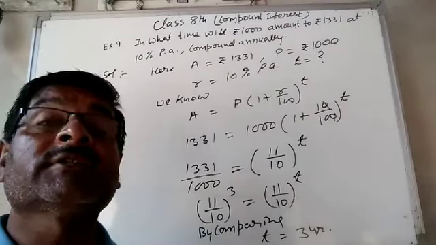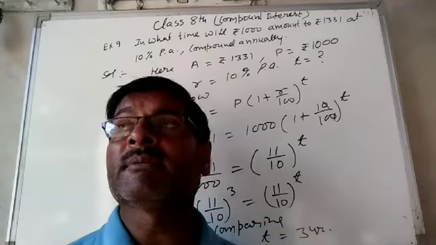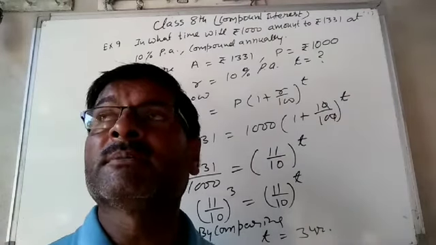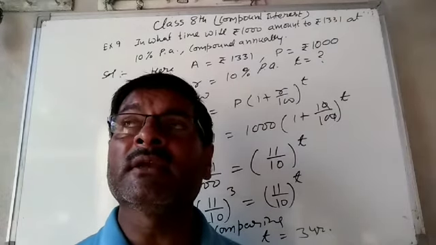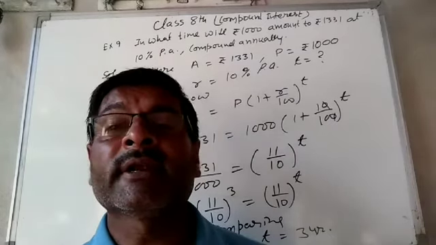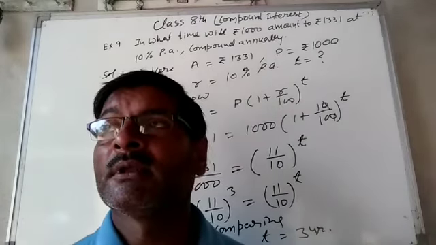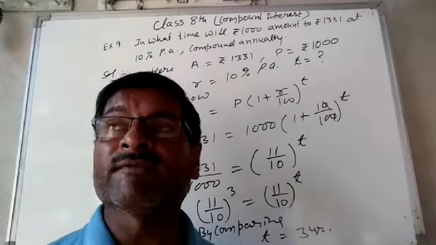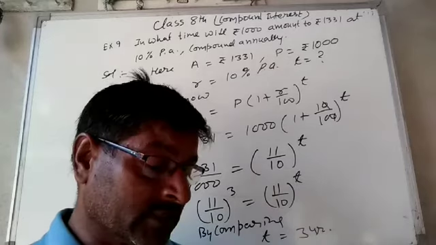Second, when the difference of the simple interest and compound interest is given, we have learned that we take the principal as rupees 100, find the SI and CI from the given rate and time, then find the difference. Using the statement, we can find the sum.